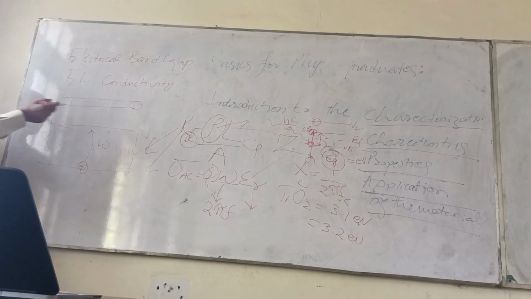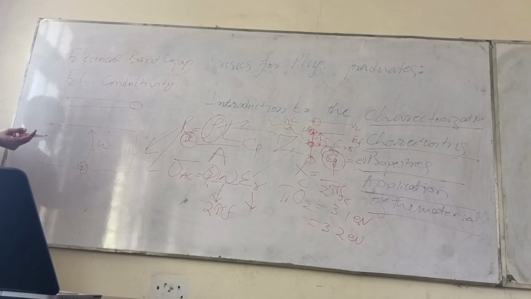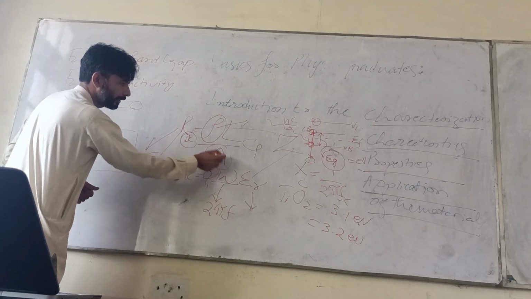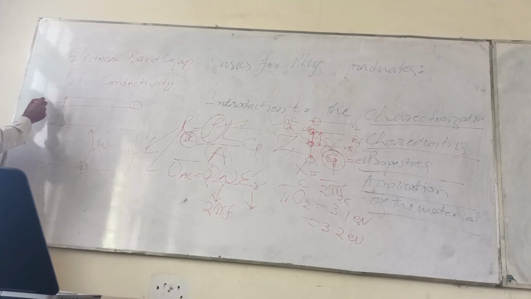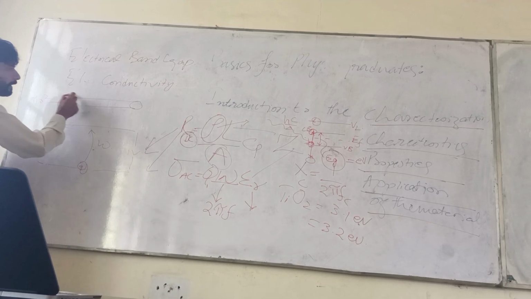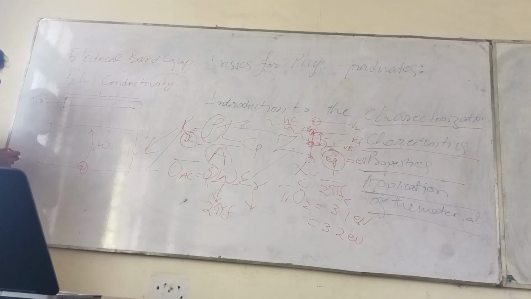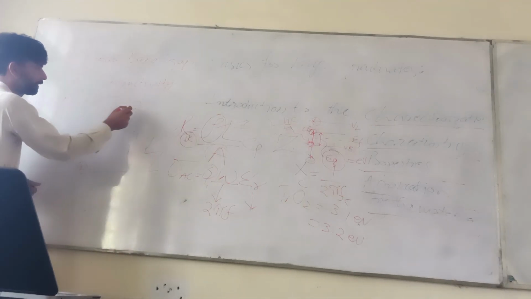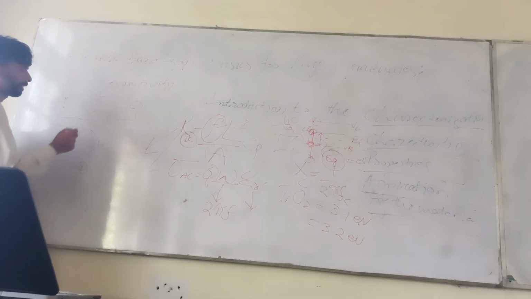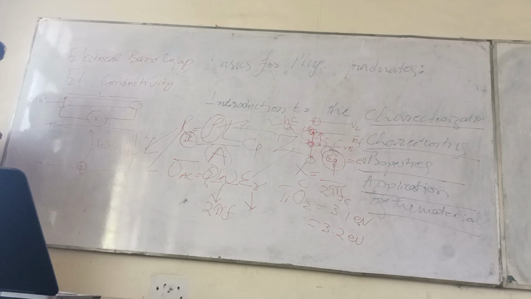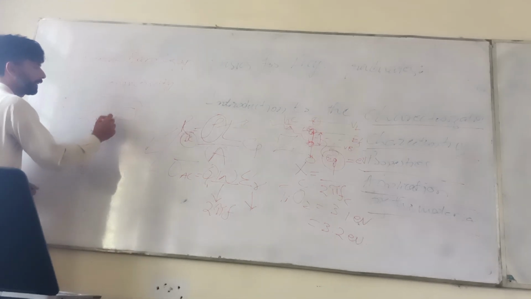So conductivity. Here the formula is very easy. For example, this is the diameter, this is the length here, this is required, and we know this formula from fifth or sixth class. This is the diameter, so what is the formula? Area. And here is the length. And then just apply voltage here and measure current.